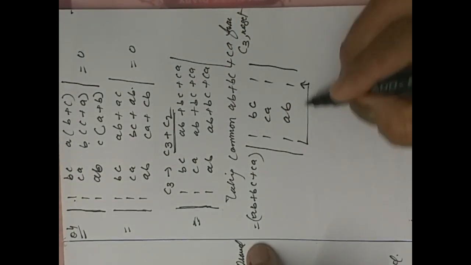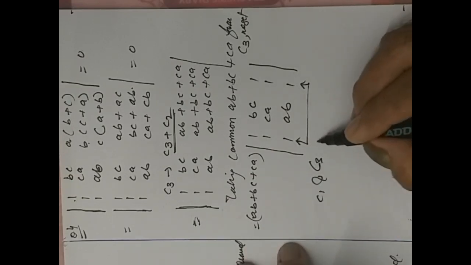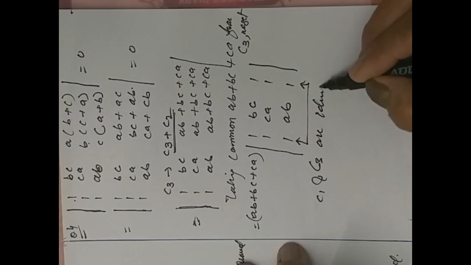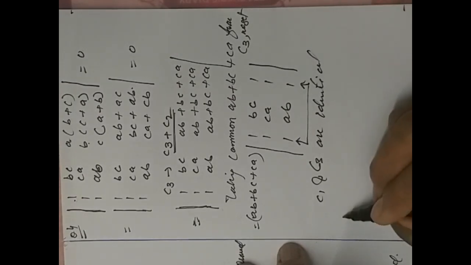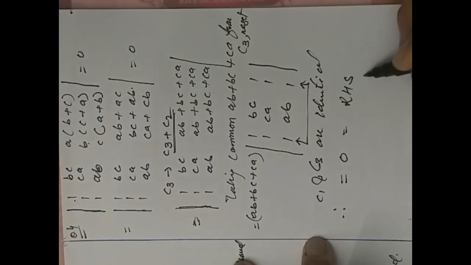Now C1 and C3 are identical, therefore its value is equal to 0, is equal to right hand side, hence proved.